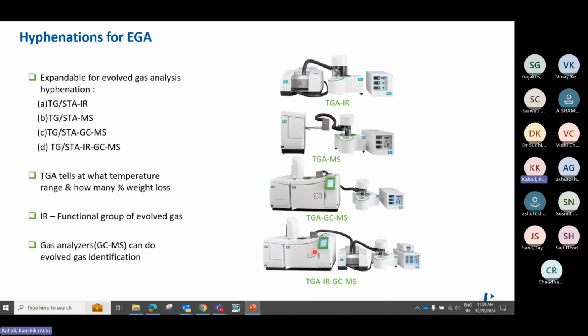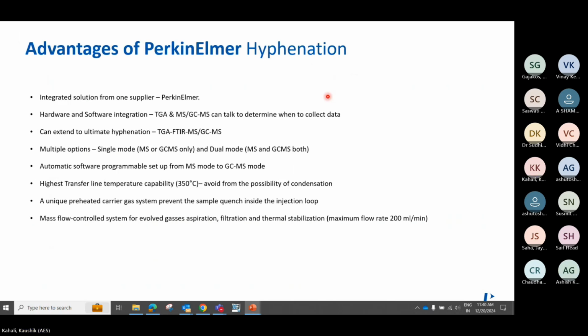And there is another configuration where TGA is connected to an FTIR and it goes to a GCMS. So FTIR and GCMS are the equipment which can measure and identify the gases coming from the heating of the sample in TGA.